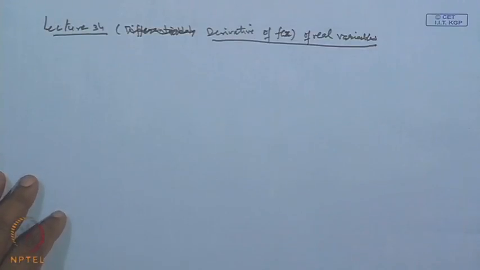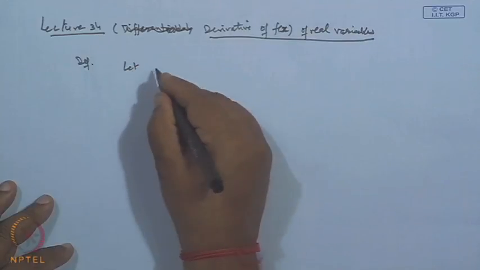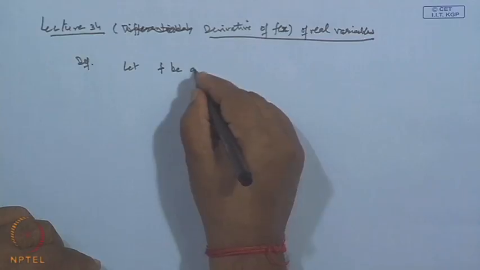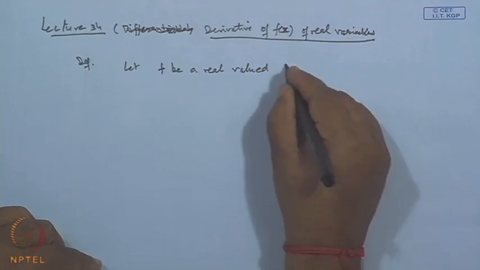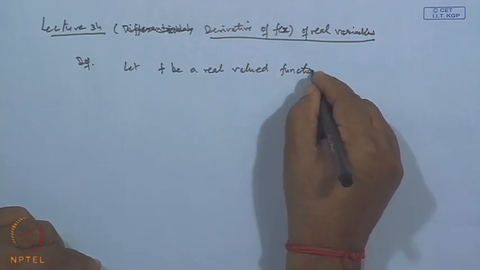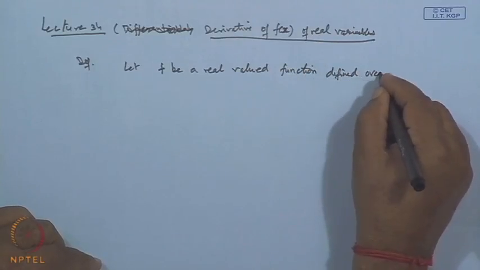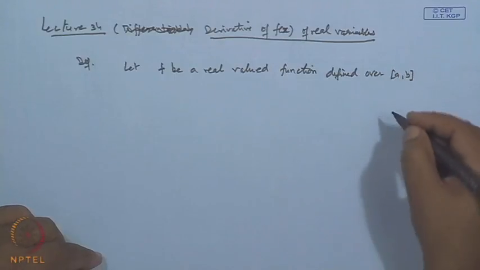Let f(x) be a real valued function defined over the interval, say [a, b], over the closed interval say [a, b].